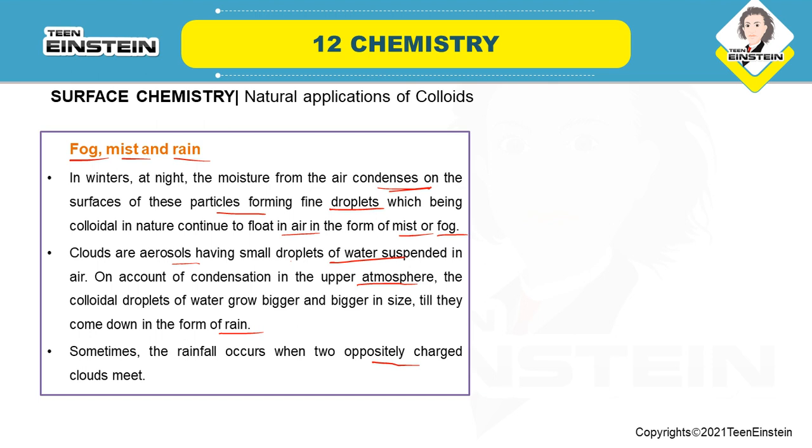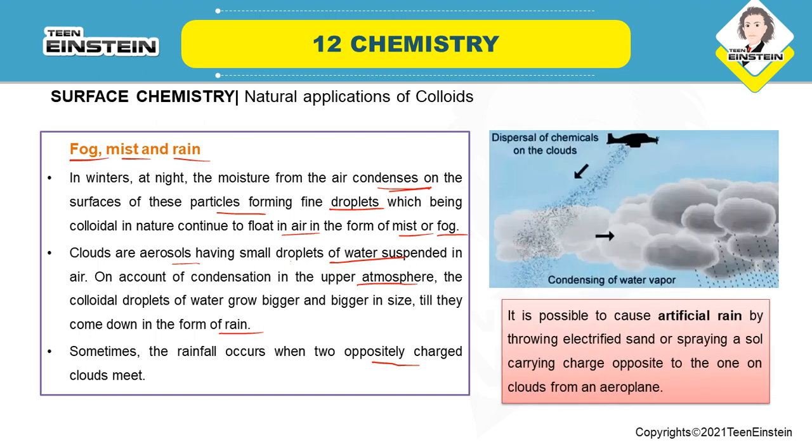Now sometimes artificial rain is required, and in that case, how can we do so? It is possible to cause artificial rain by throwing some electrified sand or spraying a sol which is carrying some charge, but it has to be the kind of charge which is opposite to the one that is present on the clouds. So in clouds there is some charge, suppose it is negative charge.